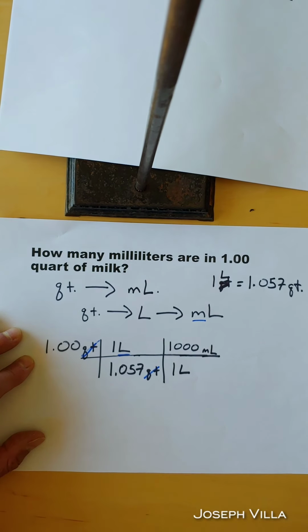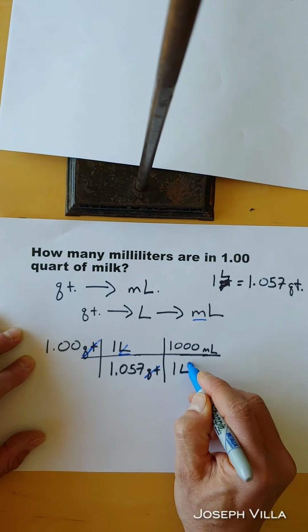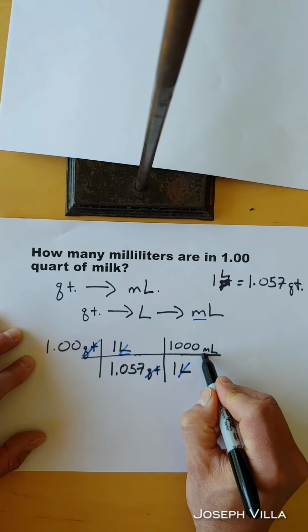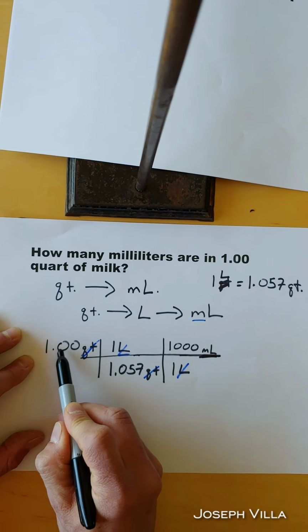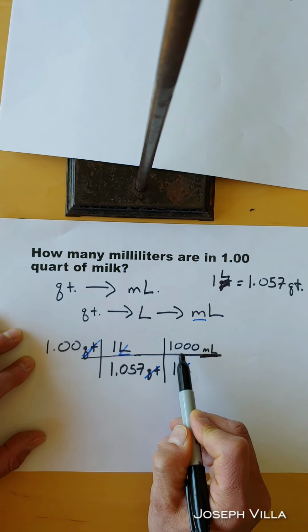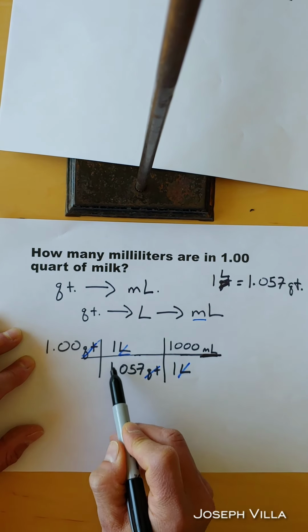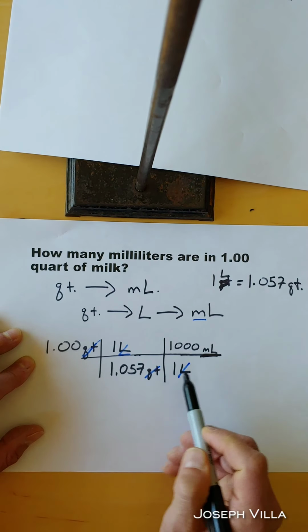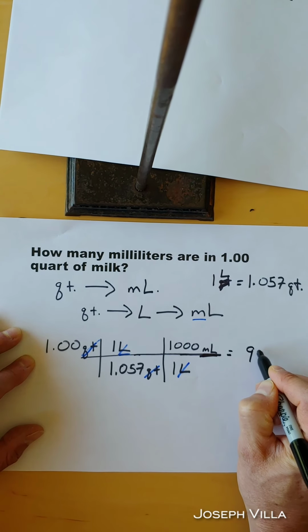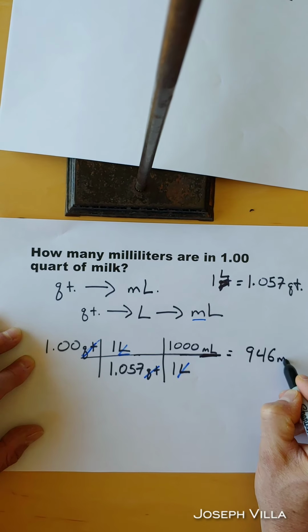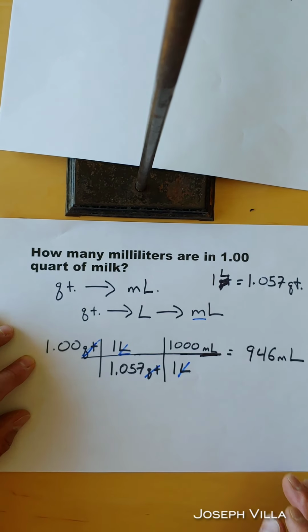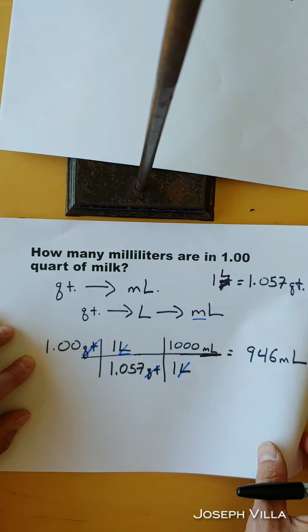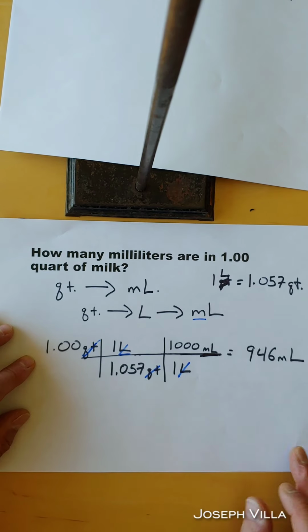So liters cancels with liters, and I'm left with units of milliliters. I do the math: 1.00 times 1 times 1,000 divided by 1.057 times 1, and I get an answer of 946 milliliters. So 1 quart of milk is equivalent to 946 milliliters of milk. Almost a full liter, but not quite.